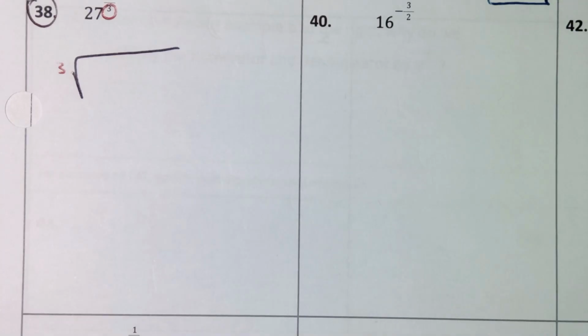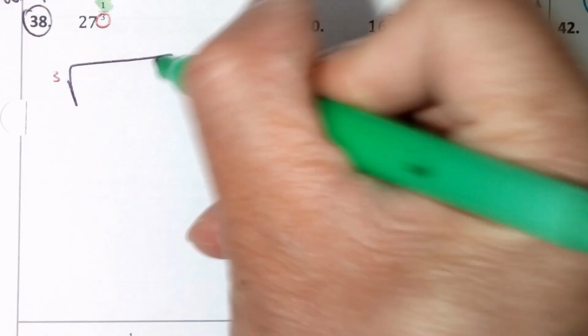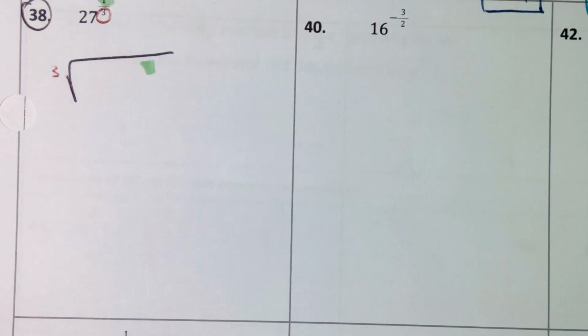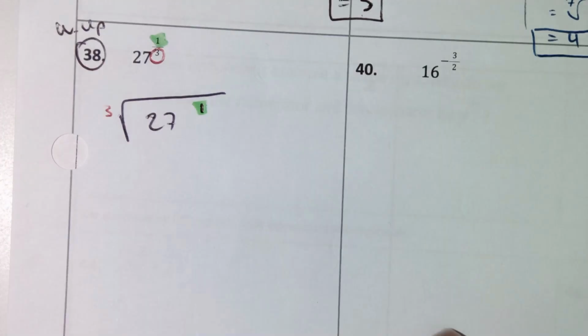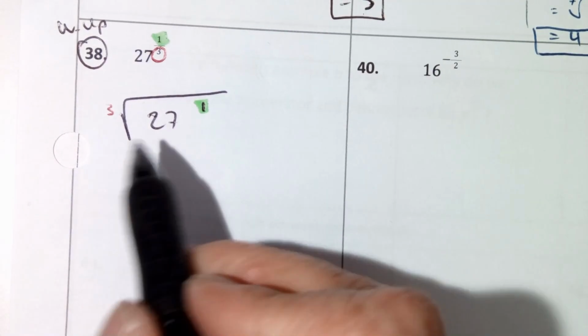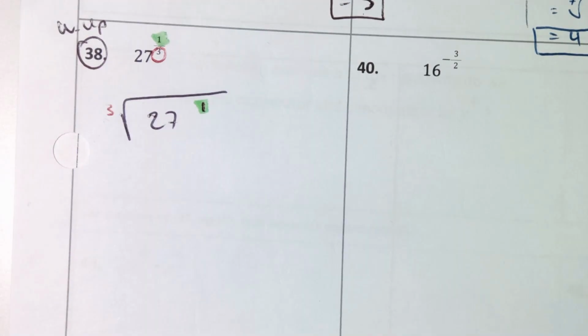Bottom of the fraction goes on the outside of the radical, and the top goes in, so I have 27 to the 1st power. It's basically just finding the cube root here.